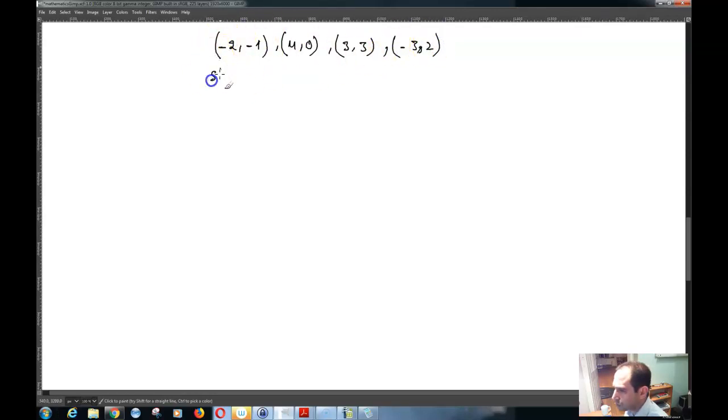And you want to show the points are the vertices of a parallelogram.